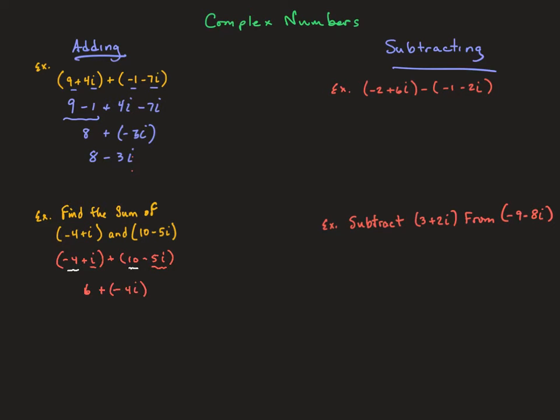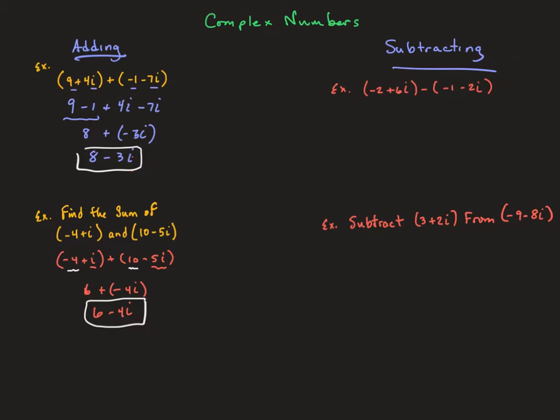Rewriting that, 6 minus 4i, and that would be my final answer. So again, adding, we're going to combine like terms.